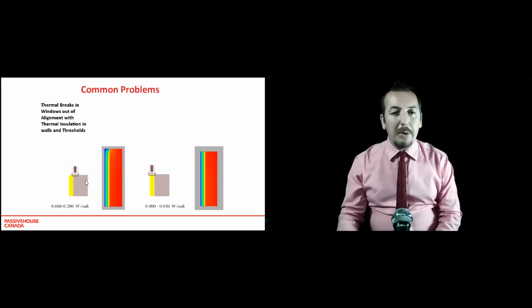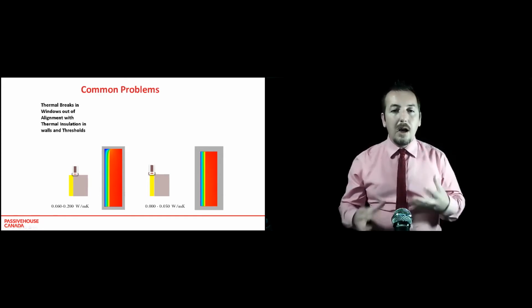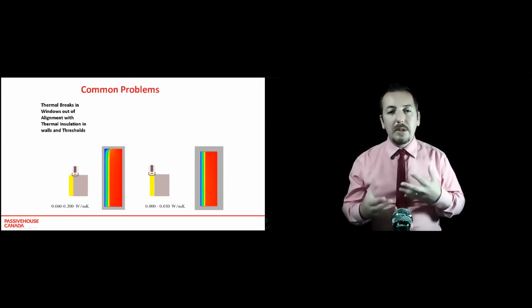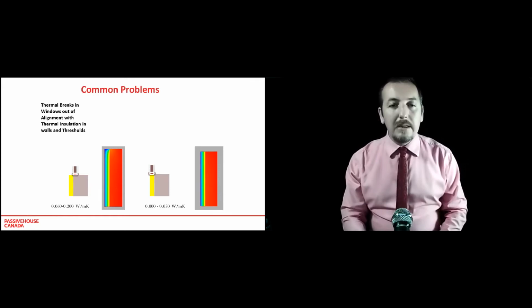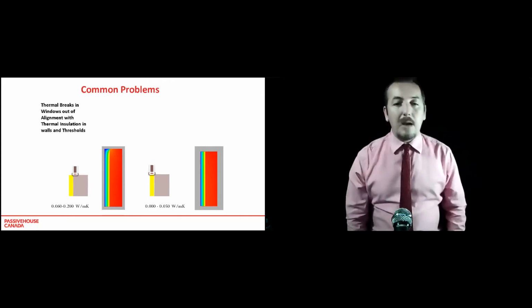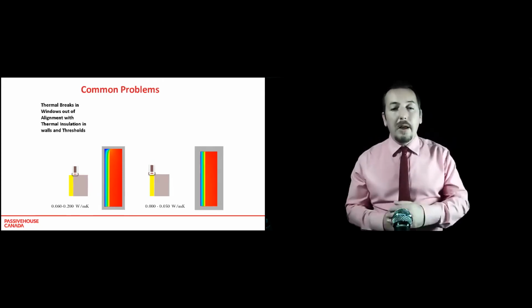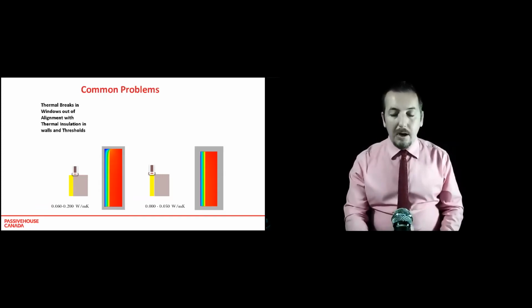And basically, you can see here, you could get values of up to 0.2, whereas if you put it in the insulation layer, you can be all the way down to 0, depending on what thermal break you use to support the window, or whether it's wood or whatever it is. These diagrammatic examples are just to show you the impact of generic situations.